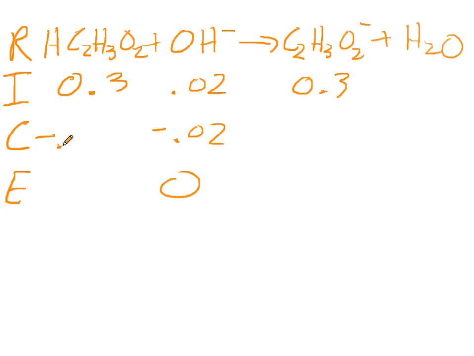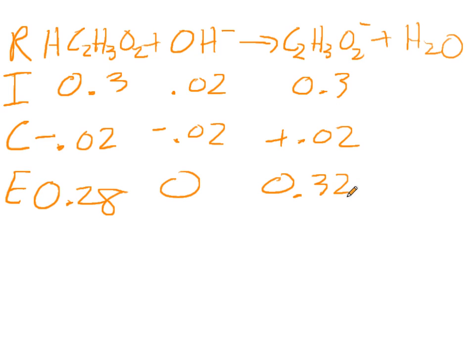It's going to be minus 0.02 for the acetic acid, so at equilibrium it's 0.28. And the conjugate base, the acetate, that's actually a product in this reaction. So it's going to be a plus 0.02. So at equilibrium, there's going to be 0.32 moles of the acetate present.